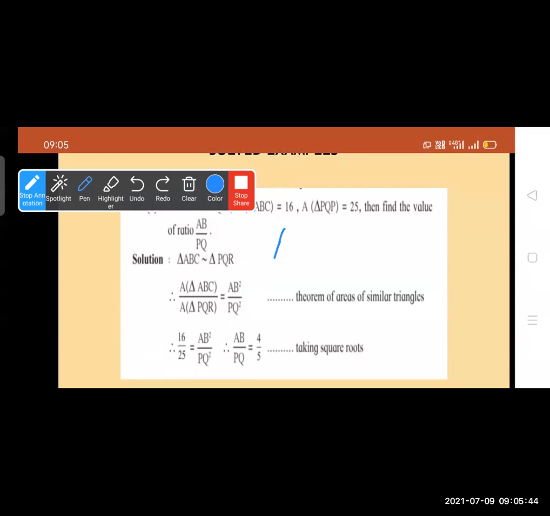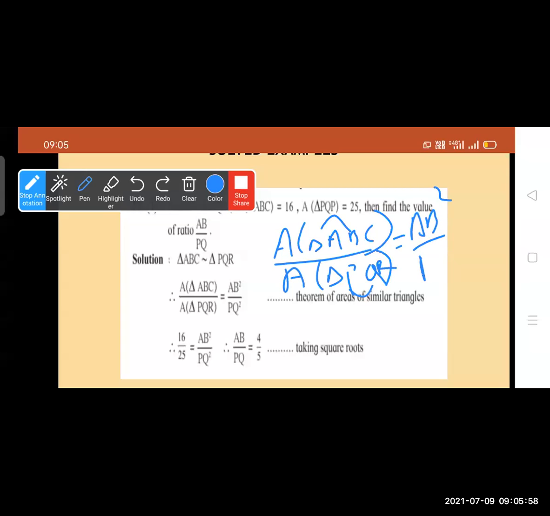Means you can write area of triangle ABC divided by area of triangle PQR is equal to, first you take AB square by PQ square, then second side BC by QR. So you write BC square by QR square, which is equivalent to AC square by PR square.